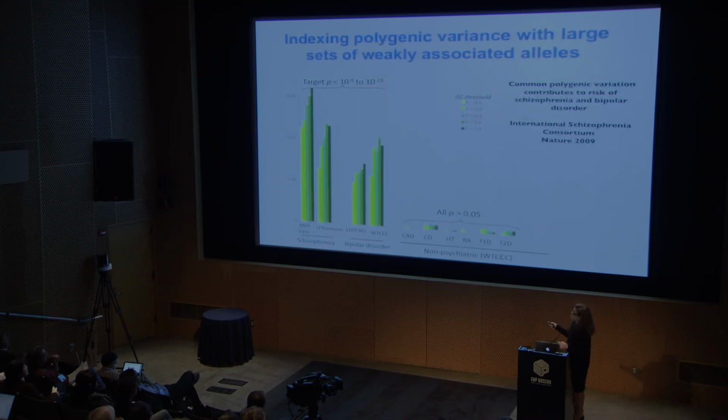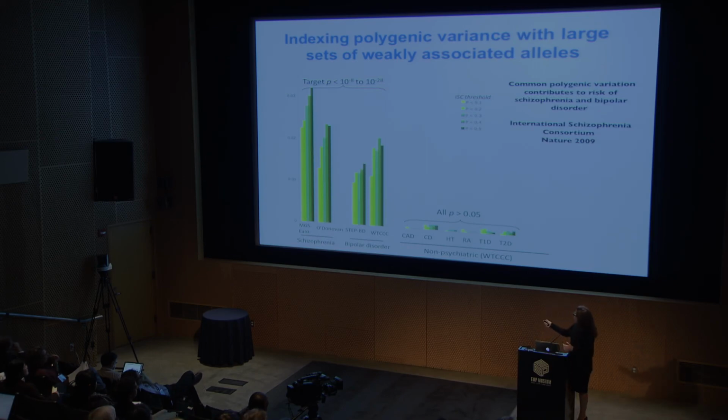What we were able to do was to take a large discovery sample and ask questions about the top 1,000, 2,000, 30,000, 50,000 association signals and build a predictor, and in a target sample show that they were statistically compellingly associated with the same difference between schizophrenia and bipolar disorder.